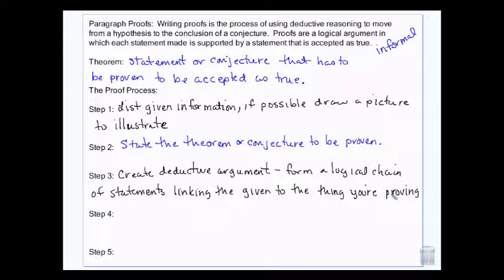So we take the given information and we take the theorem, and then we create a deductive argument going from our given information to our theorem. Okay. Step 4, we're going to justify each statement with a reason.